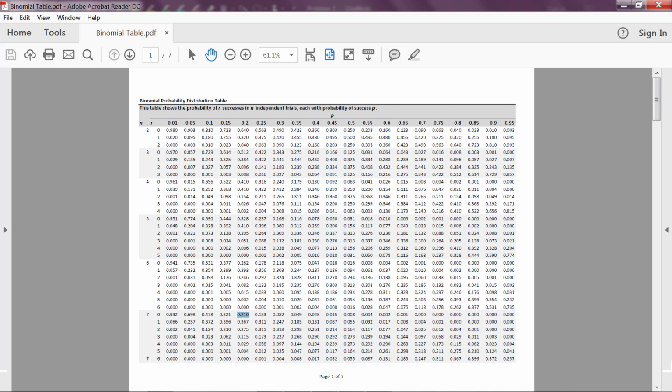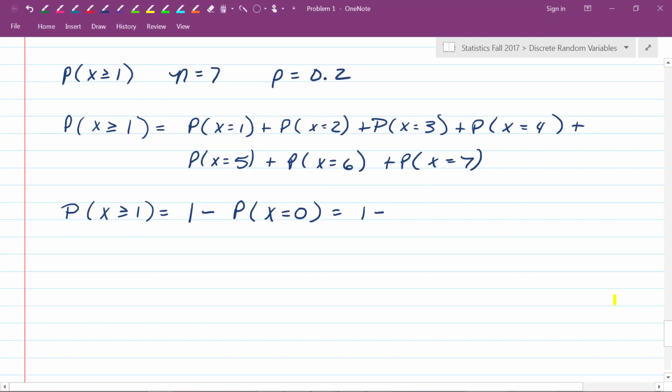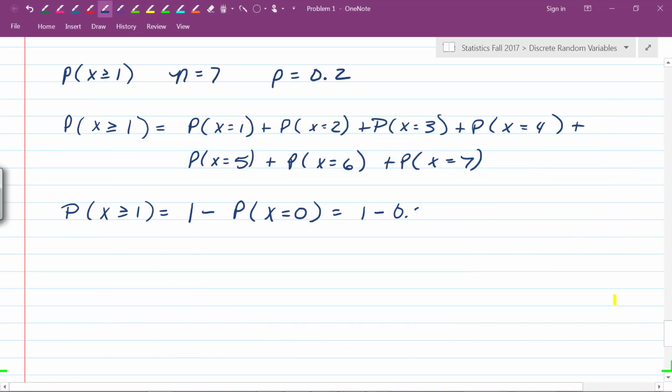Let me go back and glance at that one more time on my decimal place. Yep, okay, 0.210. So we're going to put that in our handy dandy calculator, and we simply say 1 minus 0.21 is equal to 0.79, or 0.790.